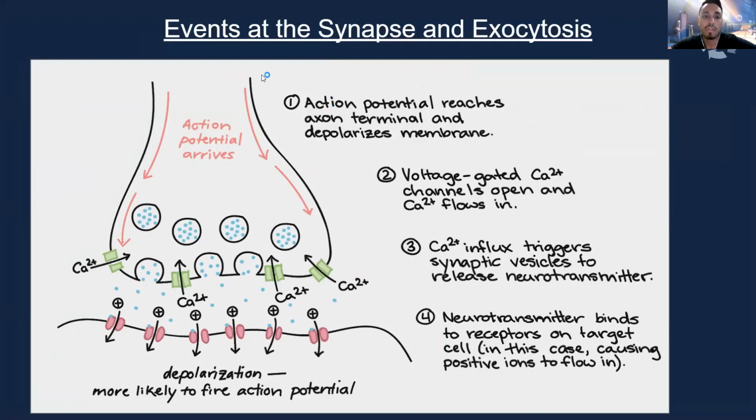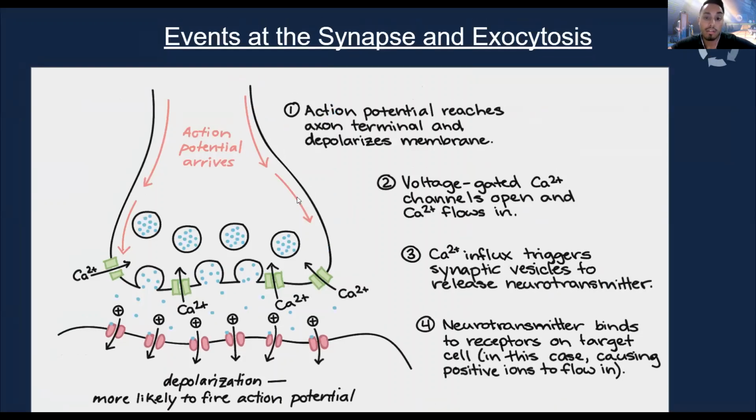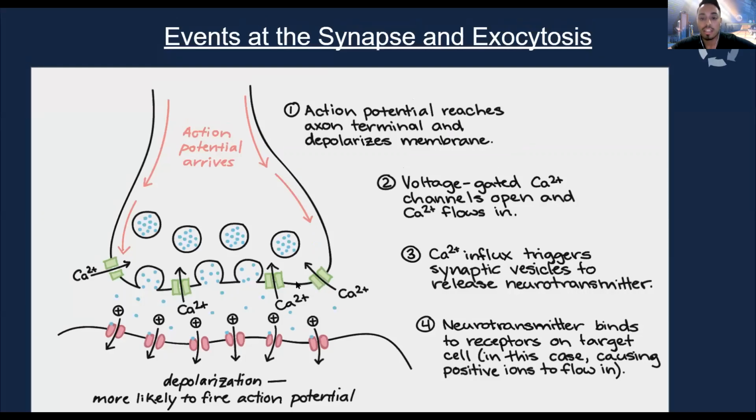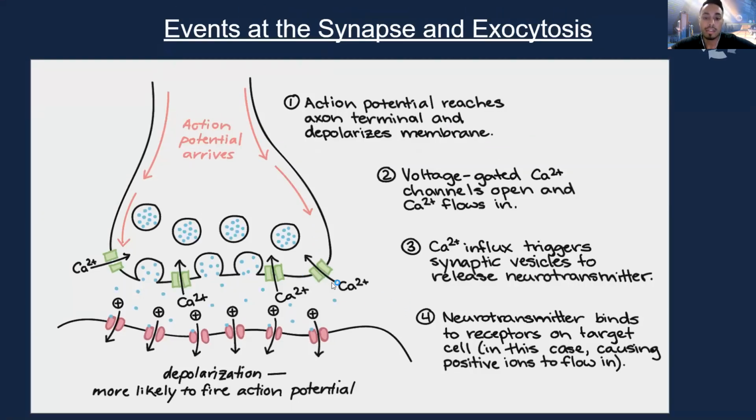the action potential makes its way down, and then it reaches the axon terminal. This causes a depolarization, and these channels that you see here, these calcium channels, are voltage gated. So now that this neuron has been depolarized, it allows these voltage gated channels to open, and calcium likes to flow in.